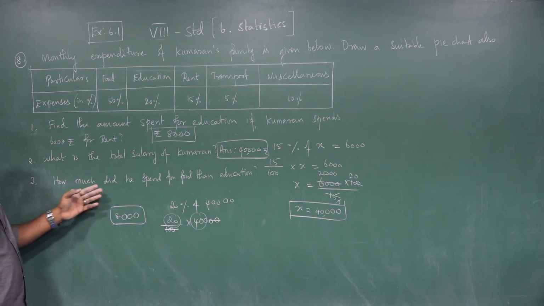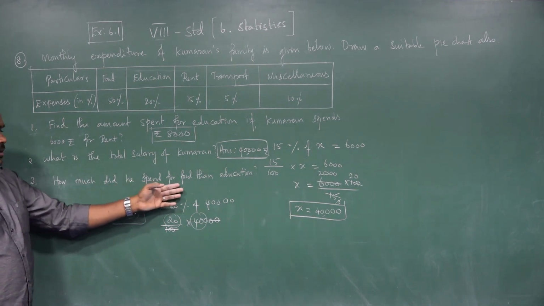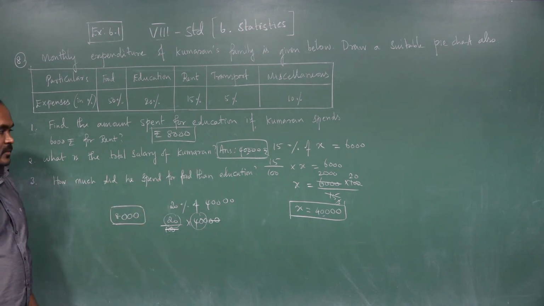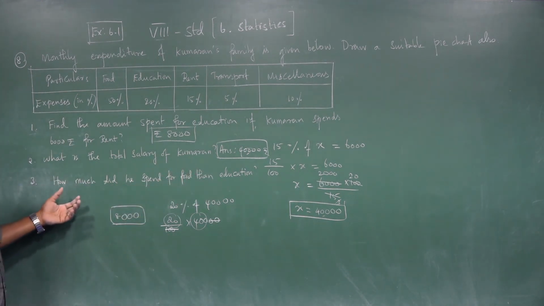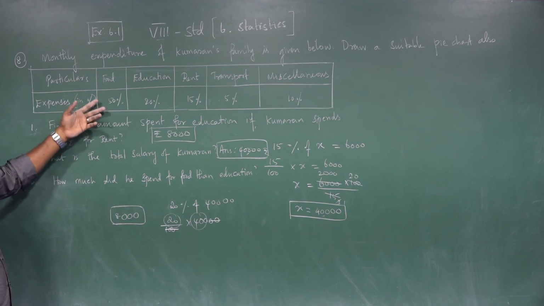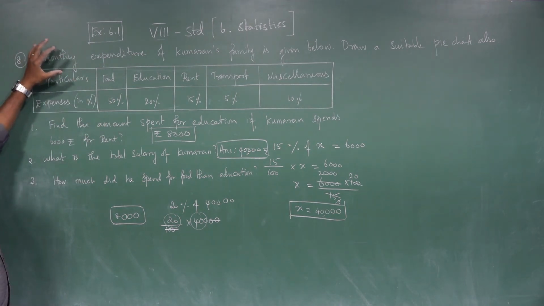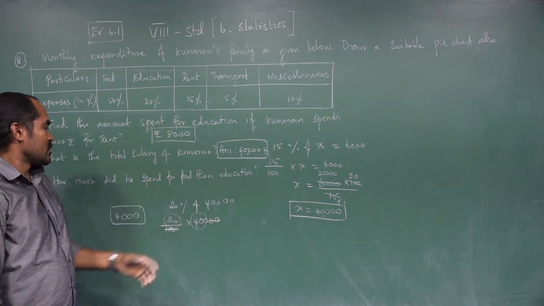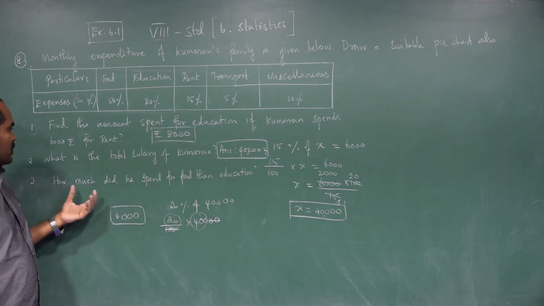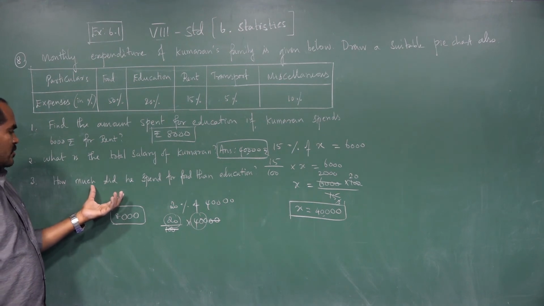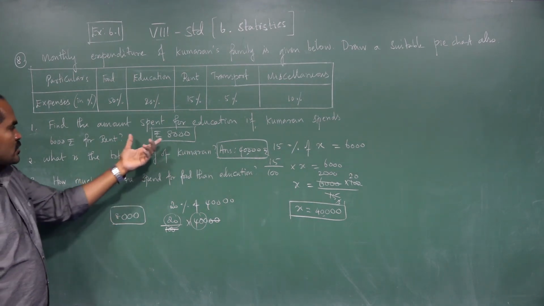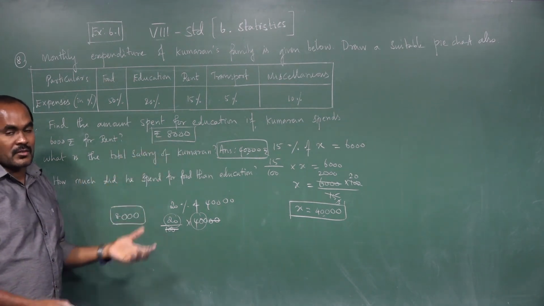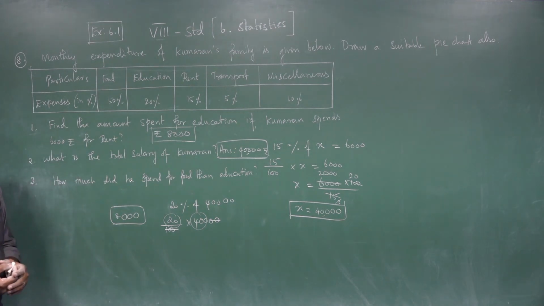Next, how much did he spend for food then education? Kumaran spends for food 50% of the total salary, right? So 50% of 40,000 is 20,000. So Kumaran spends 20,000 rupees for food and 8,000 rupees for education. What is the difference? 20,000 and 8,000.